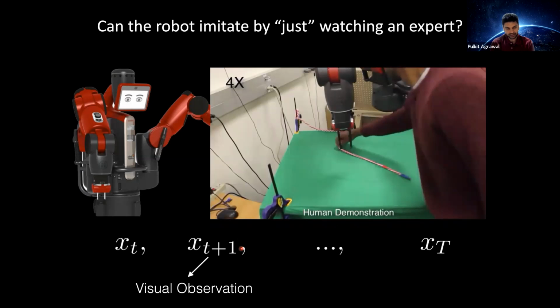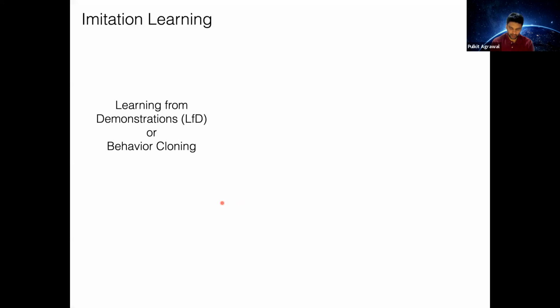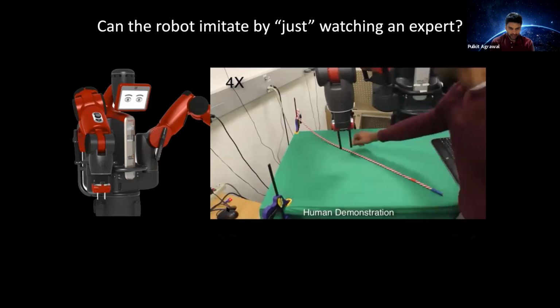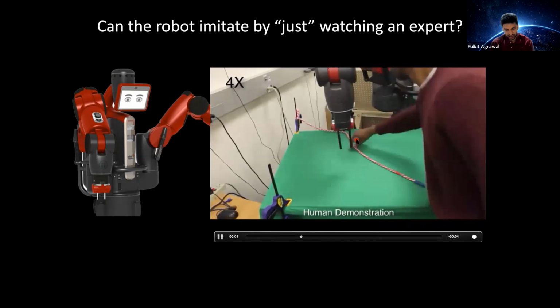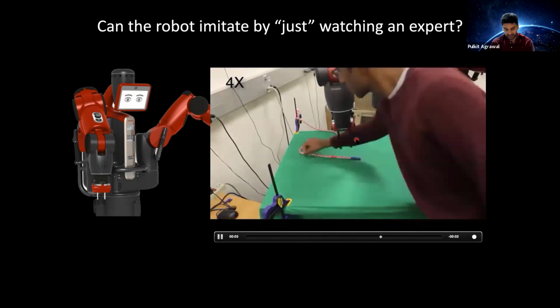We do not have access to the robot actions over here. This is typically what you would get if you are watching a video on YouTube. You wouldn't get a robot performing that task. But what you might get is, for example, in this video, Ashwin over here is manipulating this rope, and you are getting a sequence of images of a rope manipulation task.